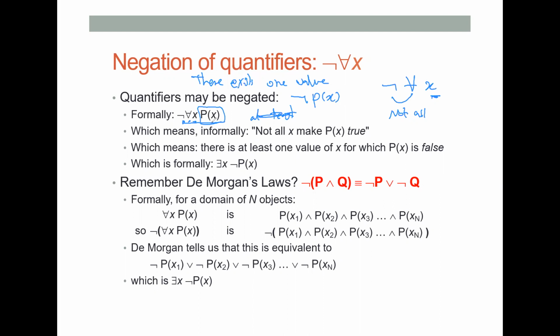So this has exactly the same meaning as there exists X where P of X is false.